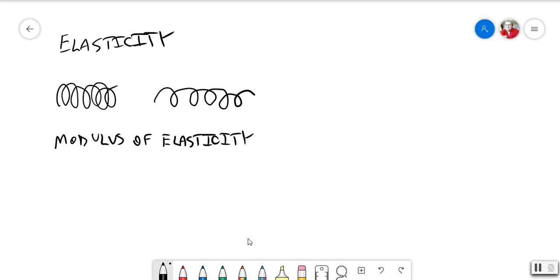Some things are not very stretchy. A piece of wood is not going to stretch. A slinky is going to stretch. Play-Doh's going to stretch. So we can stretch out and go back, stretch out and go back.